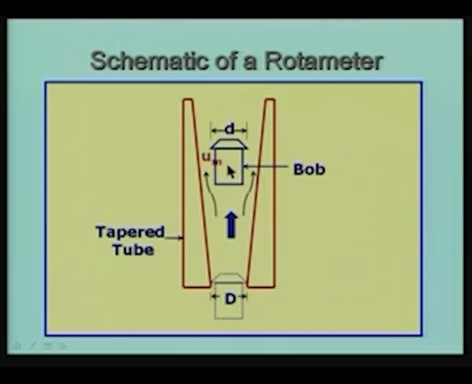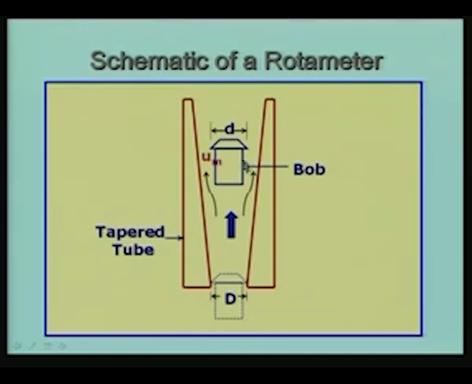And thirdly, there is a drag force because of the flowing fluid, which negotiates over the bob and joins back here. So, it flows with a larger velocity in the annular region and goes back and joins here. Because of the form of this particular bob and because of the flow which negotiates it and joins at the back, there is something called the form drag.